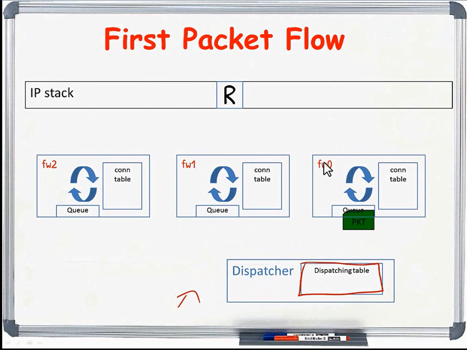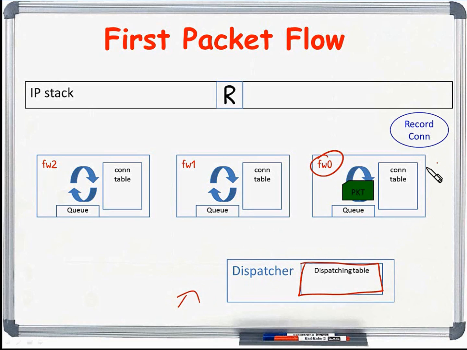Dispatcher makes an arbitrary decision, sends it to the core which is running FW worker 0. And so it executes that packet, looks in the rule base to see if there's a rule allowing it, accepts it, and records it in the connection table. So now look at this: the FW worker, with its own firewall, will update its own connection table.